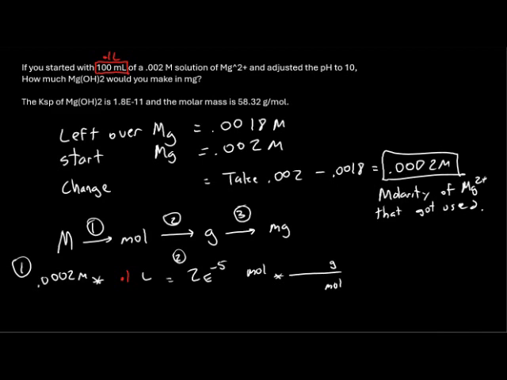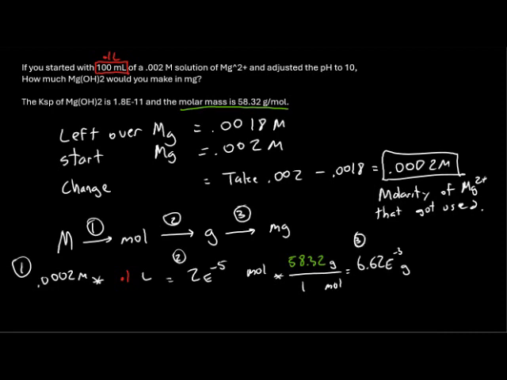To do this, we can use the molar mass of our compound Mg(OH)2. This number will go next to grams. We'll place a 1 underneath moles, and we'll multiply. We will end up with 6.62 times 10 to the negative third grams.